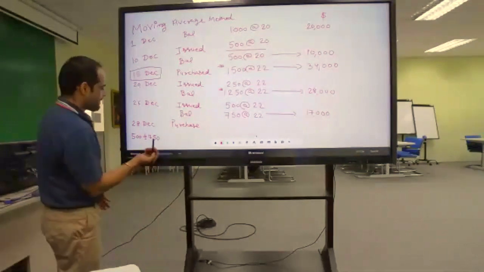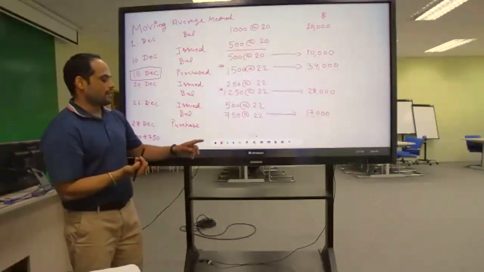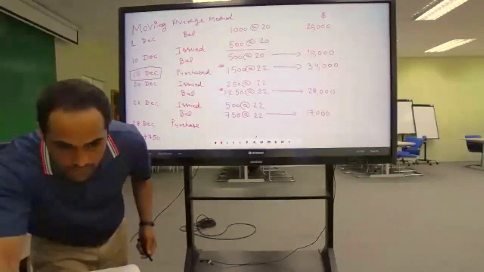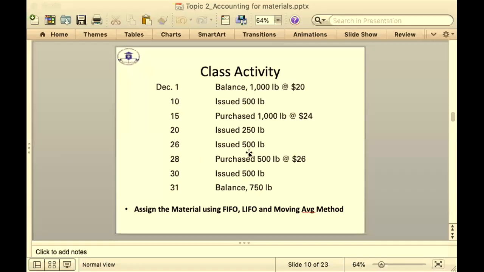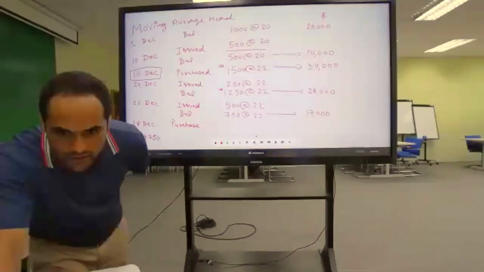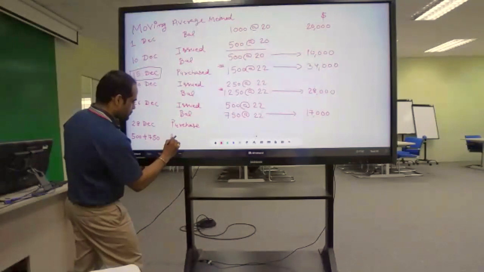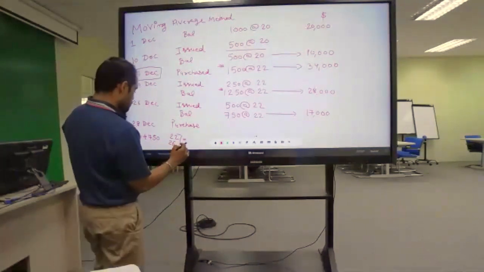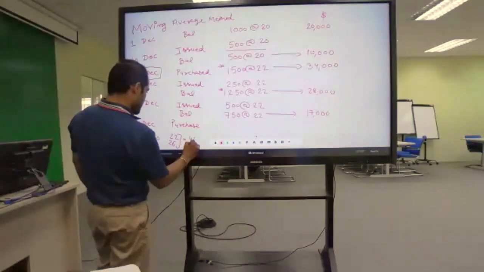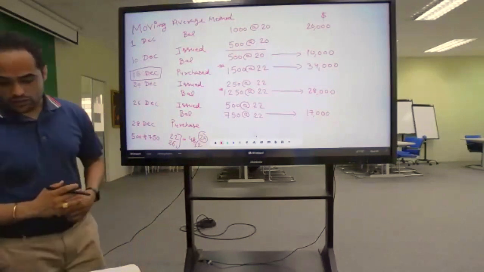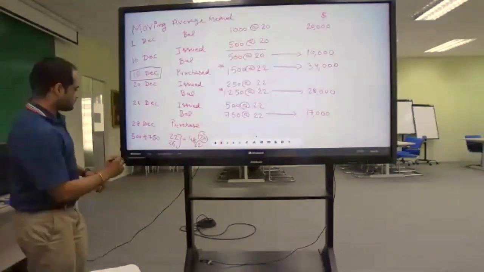And how much was the rate? The rate was 26. So 22, 26. The average will be 48 divided by 2, so 24, right? So the average will be 24.